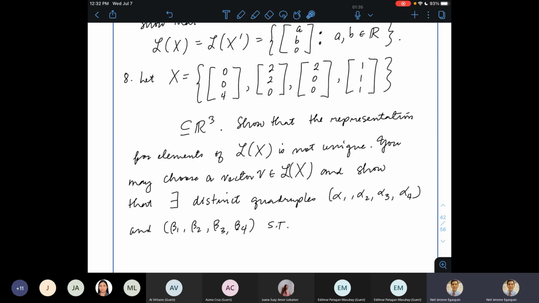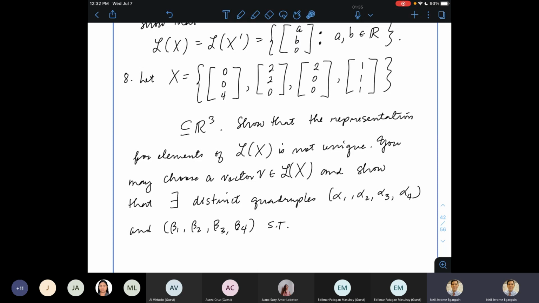So kung lagyan mo ito ng alpha 1, alpha 2, alpha 3, alpha 4, and then you take their sum, right? You get a vector V, but you can also generate the vector V as beta 1 plus beta 2 plus beta 3 plus beta 4, where the alphas and the betas are not necessarily equal to each other. So that's what this equation 3 is asking you to do.